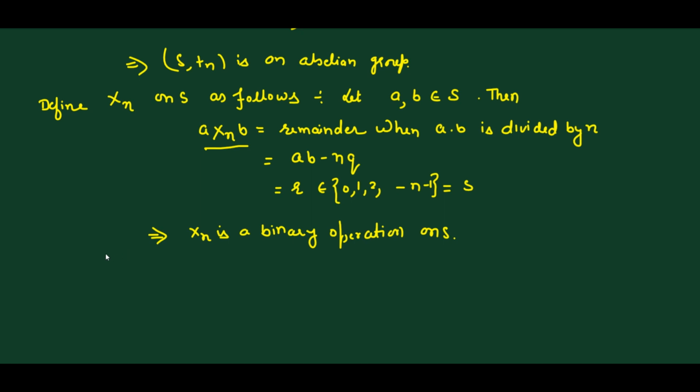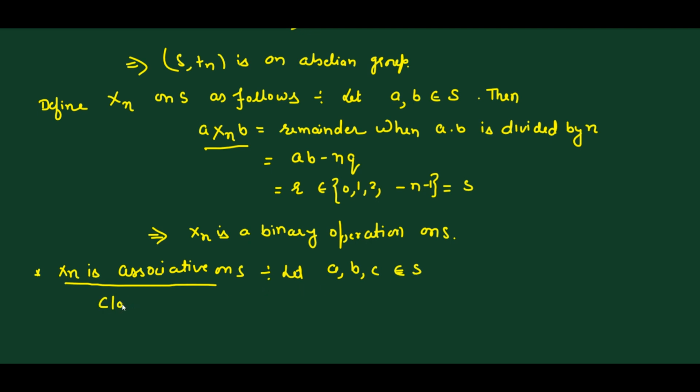Okay, now we will show that this operation is associative on S. So the next target is associativity on S. We choose any three arbitrary elements A, B and C from S, and we show that you can group these three elements in this way, or you can group these three elements in this way, and the result will be the same.